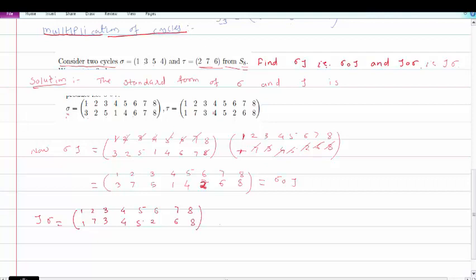This is your tau. And sigma: 3 2 5, 1 4 6, 7 8.